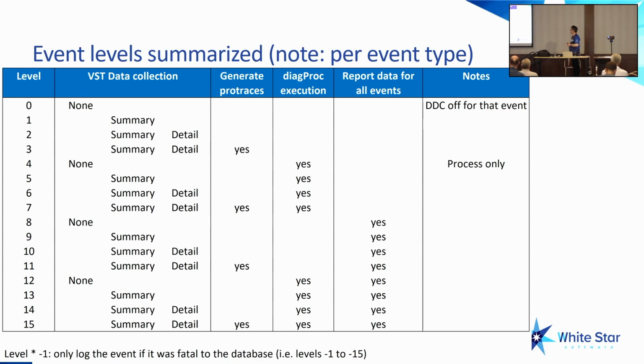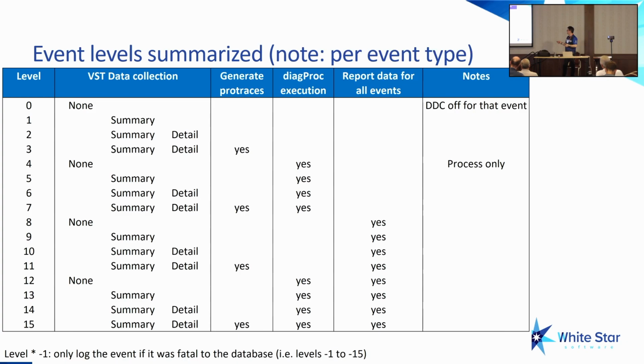So a couple of things to note here that are, in my opinion, a little unfortunate with the design is that whenever we collect detailed data, we have to collect summary as well. You can't just do one or the other individually. Detail always means and also summary.